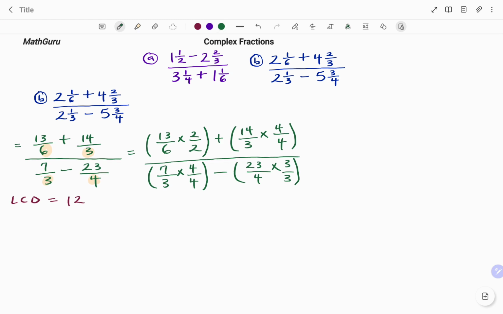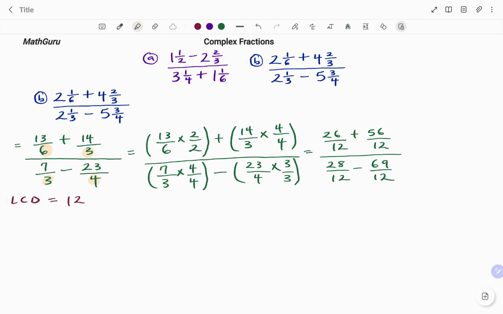And simplifying further, I have 13 times 2, that's 26 over 12, plus 14 times 4, that's 56 over 12 for my numerator, and for my denominator I have 7 times 4, 28 over 12, minus 23 times 3, 69 over 12.